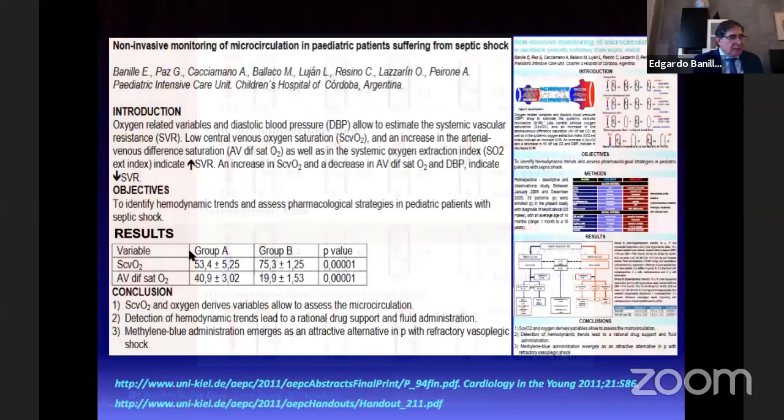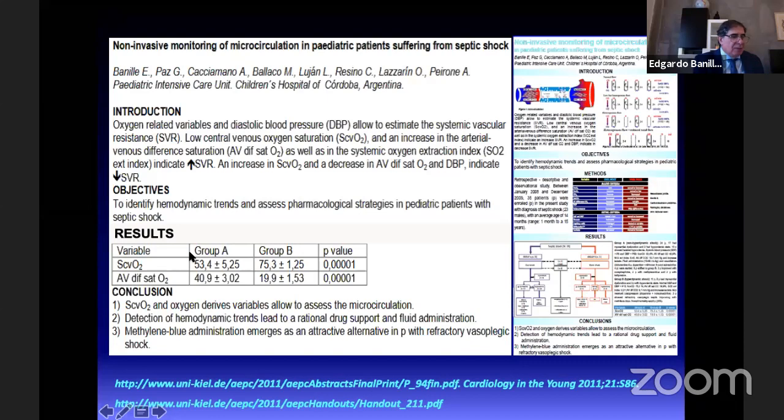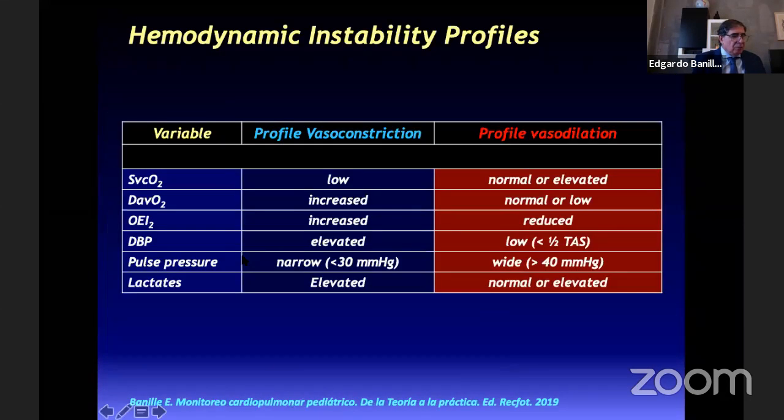We published this table with the hemodynamic profile with multifactorial assessment regarding septic patients. To sum up, vasodilation and vasoconstrictor profile, we can see the diastolic blood pressure and pulse pressure can be the first thing to identify the profile.